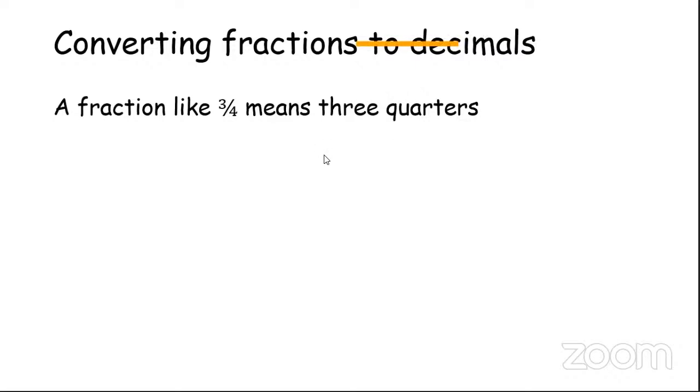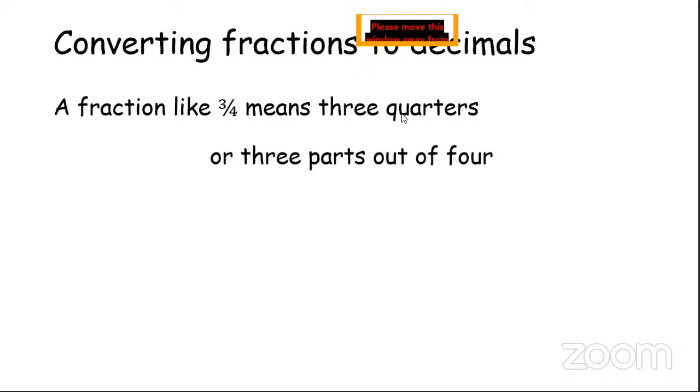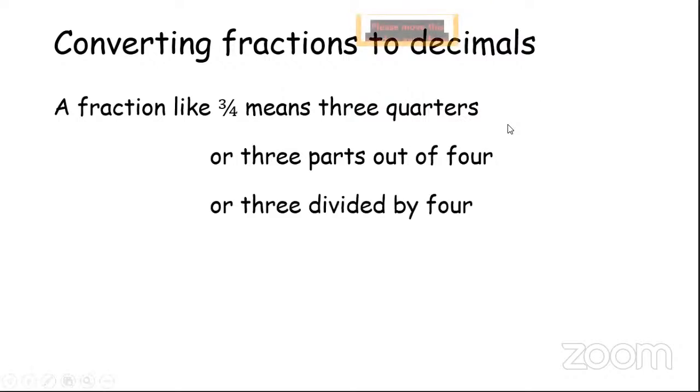So some other words that we could use would be like 3 parts out of 4. So there are 3 parts, but those 3 parts are part of 4. So 3 parts out of 4. Then we can as well say 3 divided by 4.